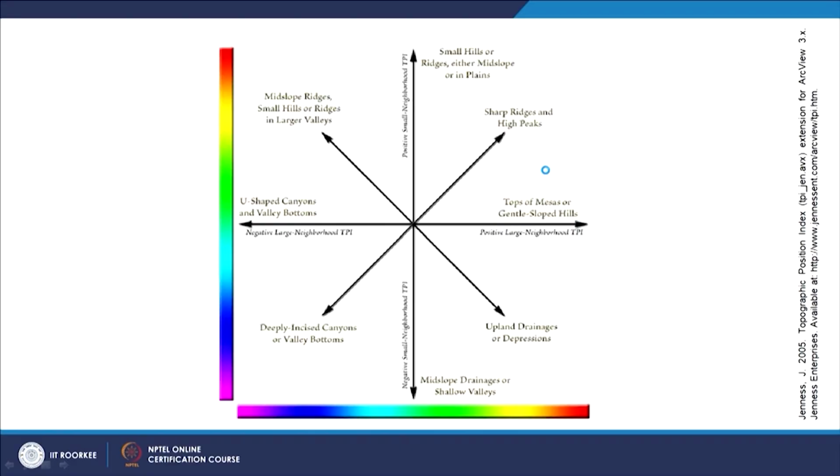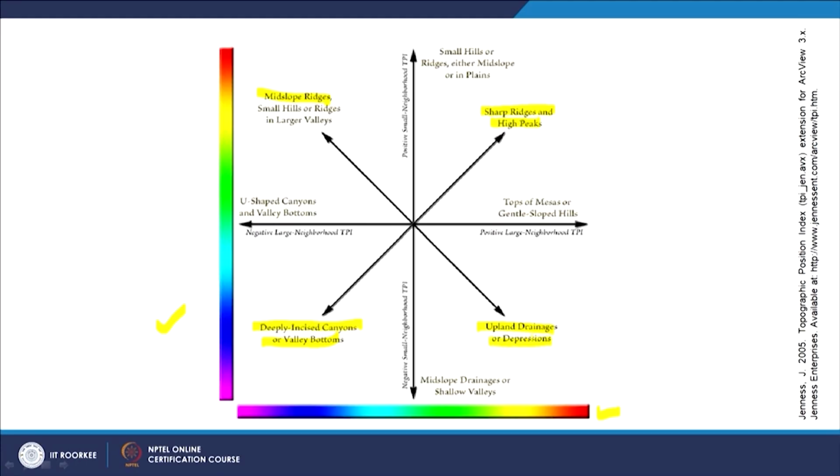So in summary, these are the TPI values shown on both the x and y scales, and as you move in these eight directions, you get different classifications. Like so, these are sharp ridges and high peaks, and the opposite of this is deeply incised canyons or valleys. Similarly, mid slope ridges here, and upland drainage or depressions.